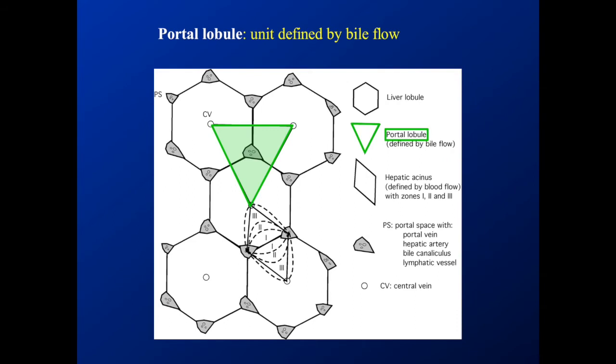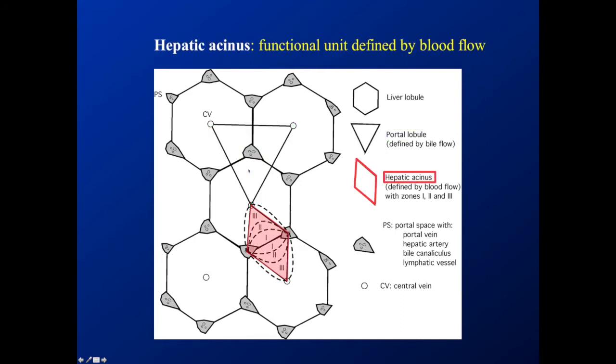So if we look then at functional units, you have this portal lobule, which is defined by bile flow. And then you have this hepatic acinus, which is defined by its flow of blood. And you can see it has three zones. Zone 1 is closest to the hepatic artery, and so this blood tends to have the highest oxygen content.